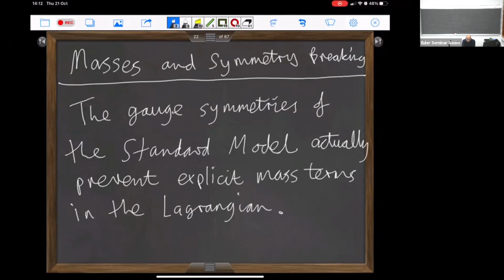Okay, so what I want to demonstrate now is that the gauge symmetries of the standard model actually prevent all explicit mass terms in the Lagrangian. That's a really important point: gauge invariance, plus the representation content of the standard model, in other words, the charges of the fields, prevent you from actually writing down any mass terms.